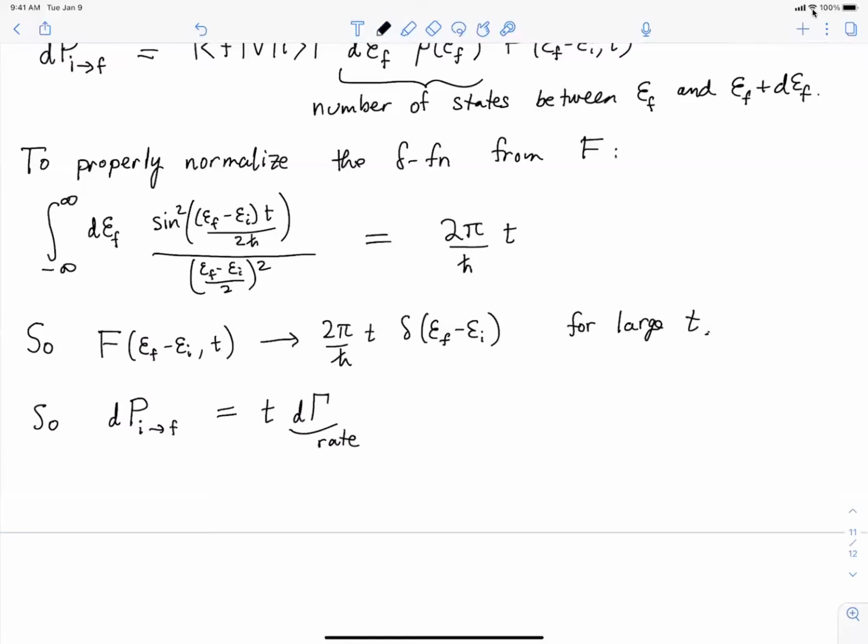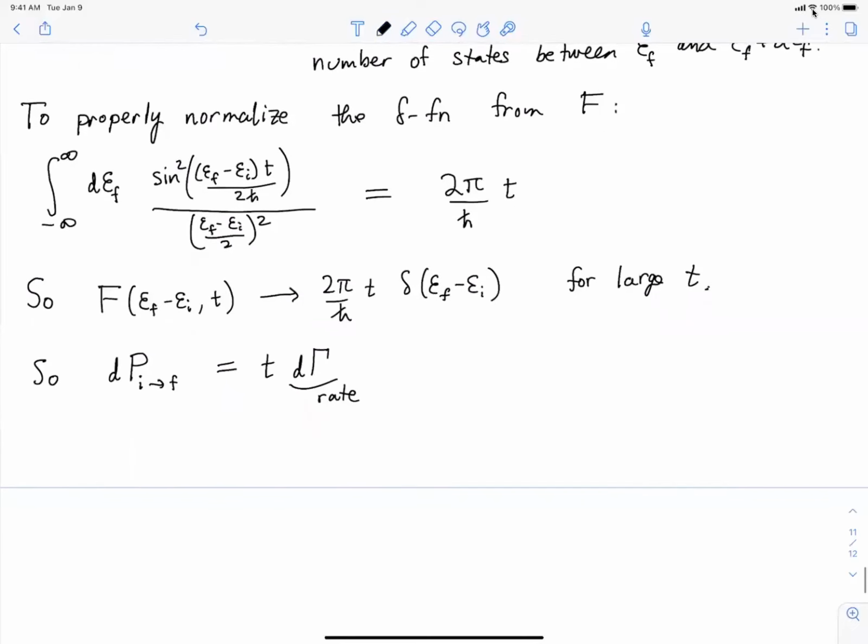Okay, so d gamma is a rate. And basically by pulling off all the factors that we've got here, we have figured out what that rate is. The differential contribution to the rate to go from the initial to the final state is 2 pi over h bar. That came from here. We've stripped off the t, so we're not including that. We also had our matrix element. We have our delta function that comes from here.